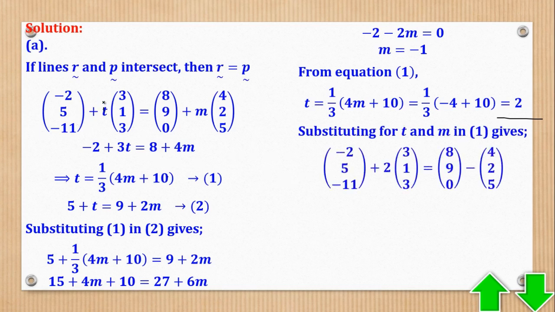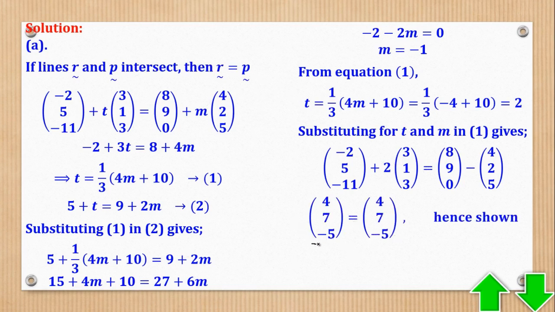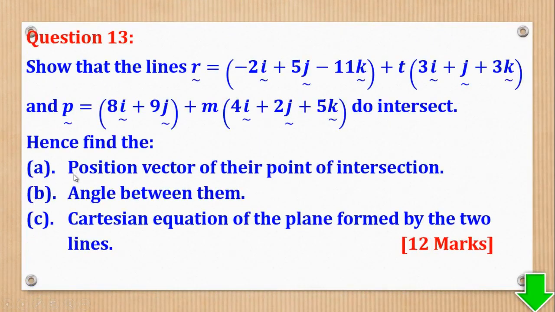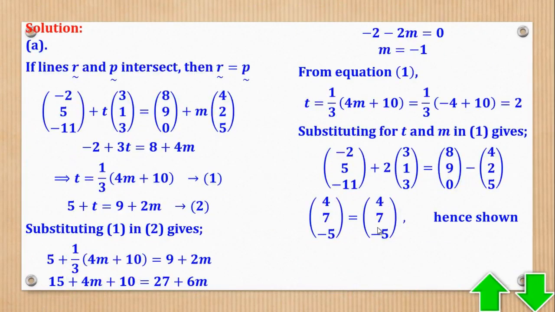So I'll come here and substitute for T, substitute for M. Simplify, and I'll come up with this when they are equal, meaning that they intersect. Then hence find the position vector of their point of intersection. So position vector, we are going to just state this.